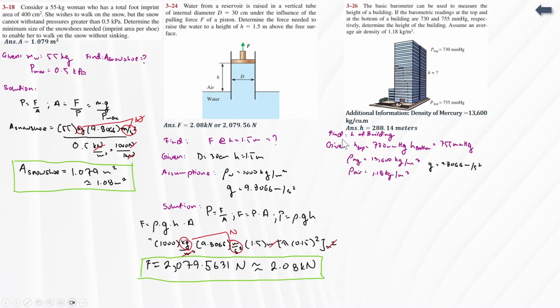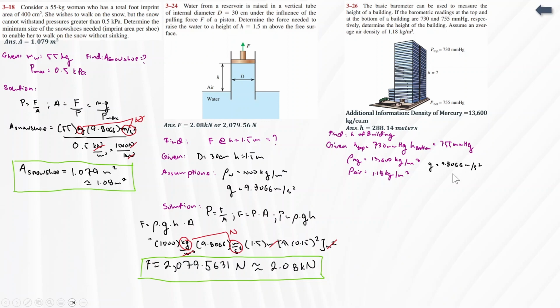Here we're supposed to find how tall the building is. We're only given the barometric readings at 730 millimeters of mercury and 755 millimeters of mercury. We're also assuming the density of mercury at 13,600 kilogram per meter cube, and for G we just assume 9.8066 meters per second squared.